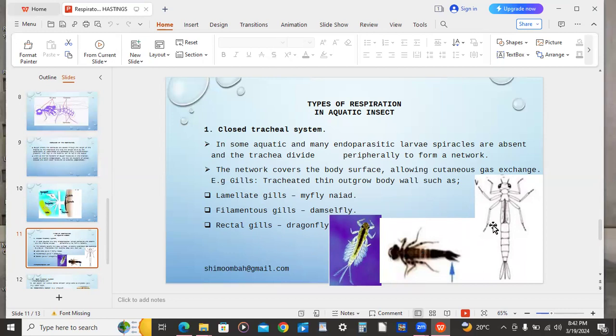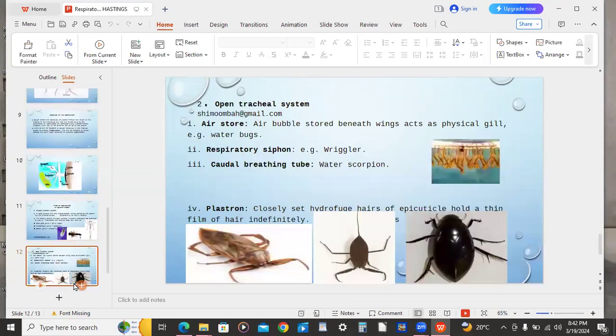Then the last type of respiration in aquatic insects is called the open tracheal system. In the open tracheal system, we have the air store.